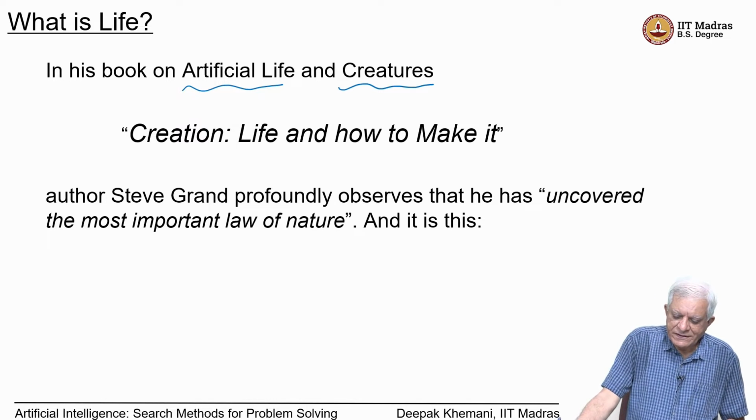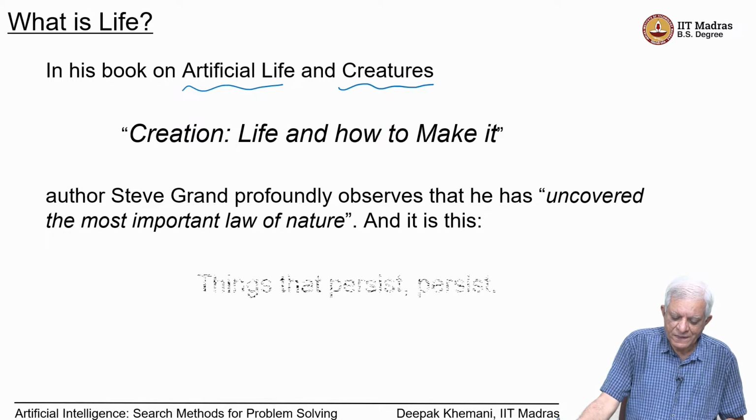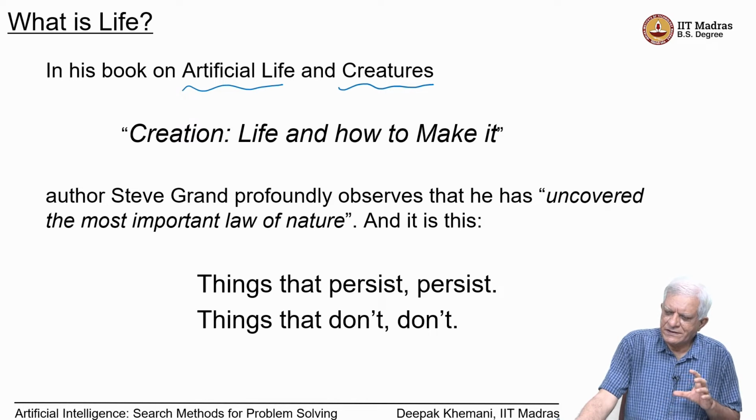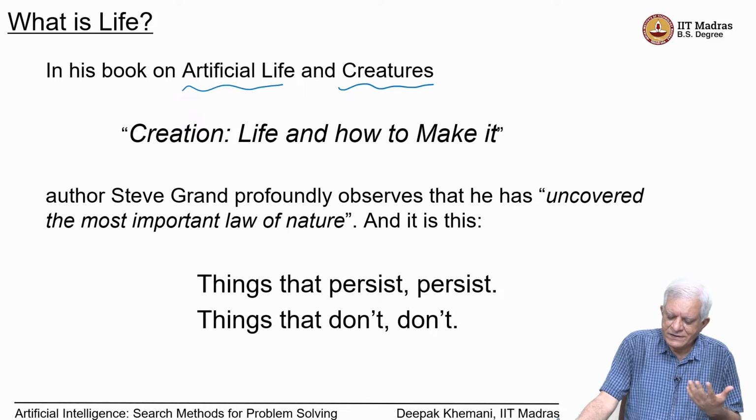What Steve Grant says is that he has uncovered the most important law of nature, and it is this: things that persist, persist; things that don't, don't. It sounds like such a trivial statement, but if you imagine that that's what's happening in the real world, structures which persist, persist, and structures which don't, don't.